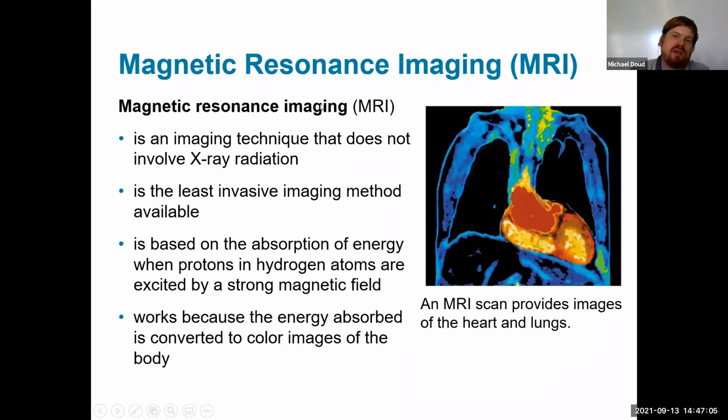Now, MRIs, which are probably the most common form of scan, stands for magnetic resonance imaging. You don't involve X-ray radiation, and this is the least invasive imaging method that's used. What you do is you apply a strong magnetic field to a person, and as it turns out, hydrogen atoms in a magnetic field either spin up or spin down.